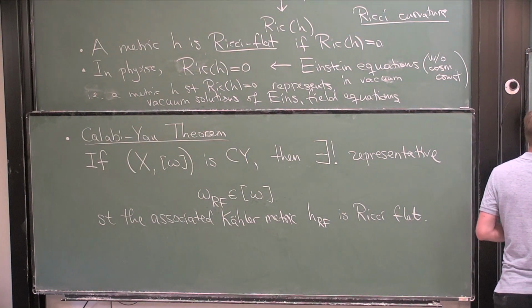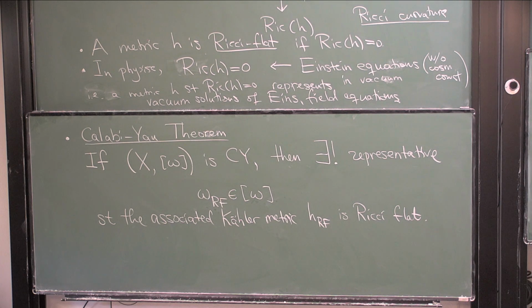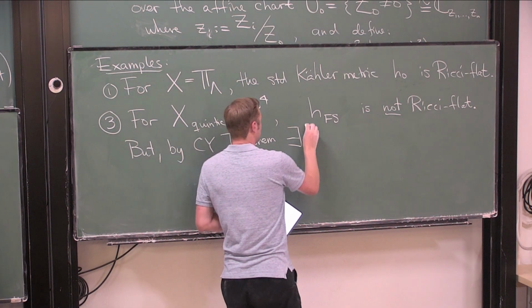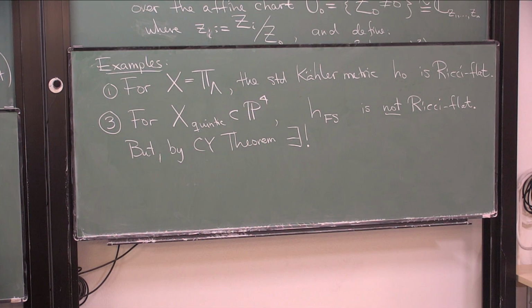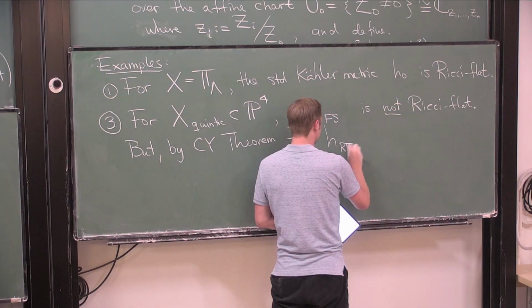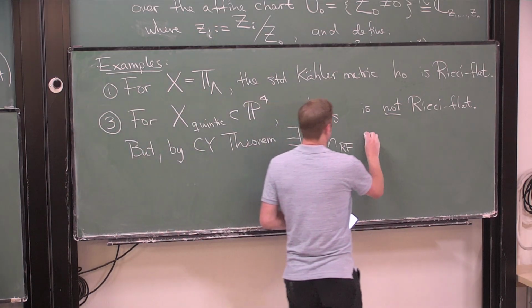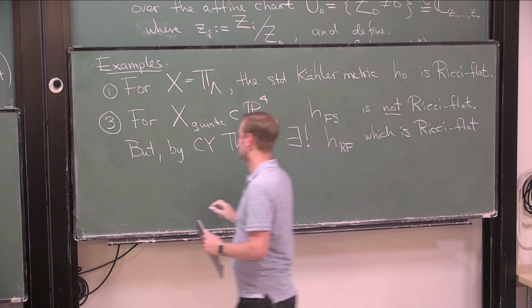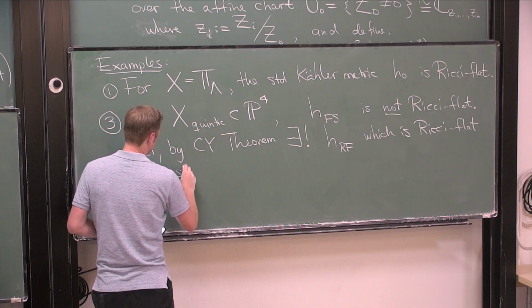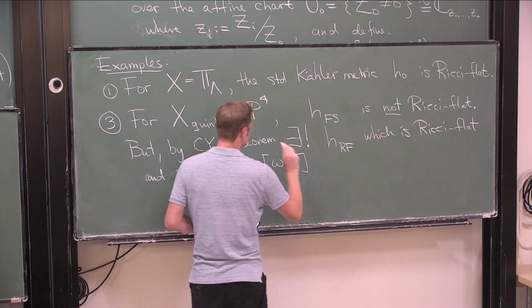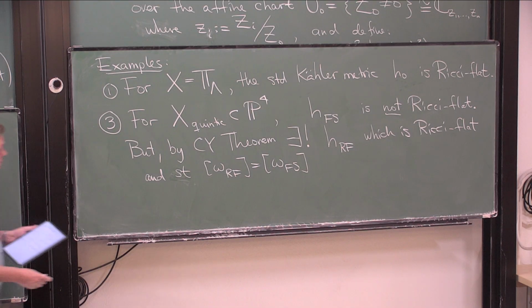However, the Calabi-Yau theorem tells us that in the same cohomology class as omega FS, there is a unique Kähler form whose associated Kähler metric, which I'll call H RF, is Ricci flat, and such that omega RF and omega FS define the same cohomology class.